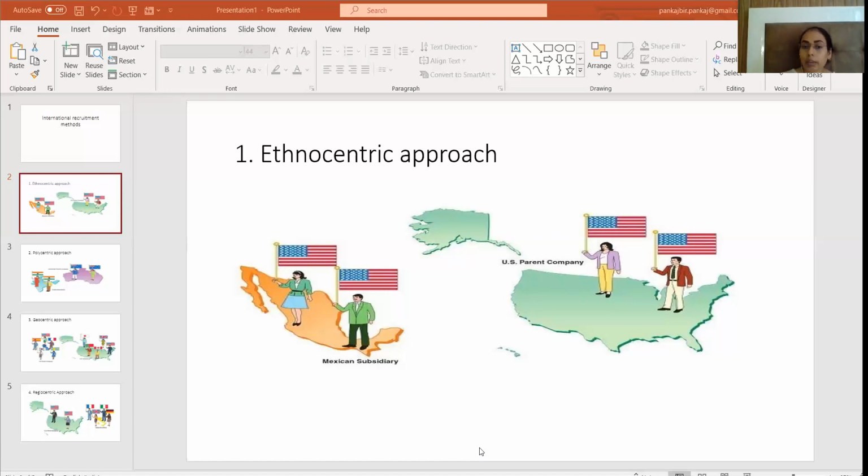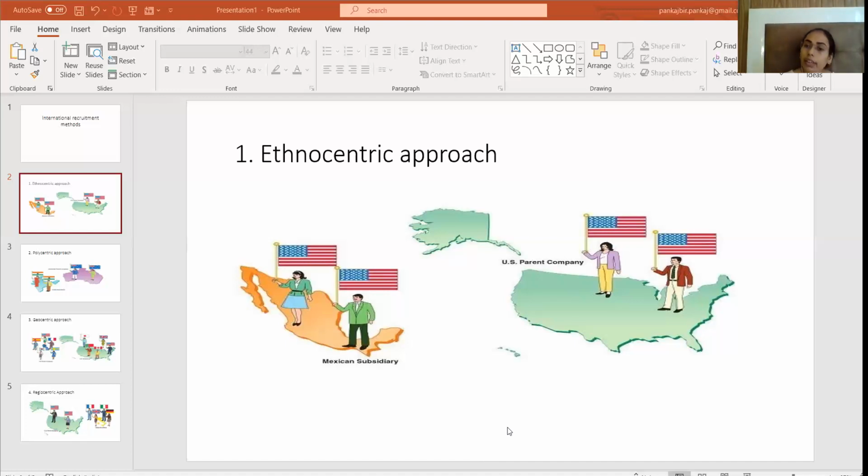Then the database is analyzed for choosing the best and most suitable candidate for the global assignment. Finally, the best candidate is identified for the foreign assignment and sent abroad with their consent. This is the method by which generally the top management of an MNC is recruited for foreign countries.